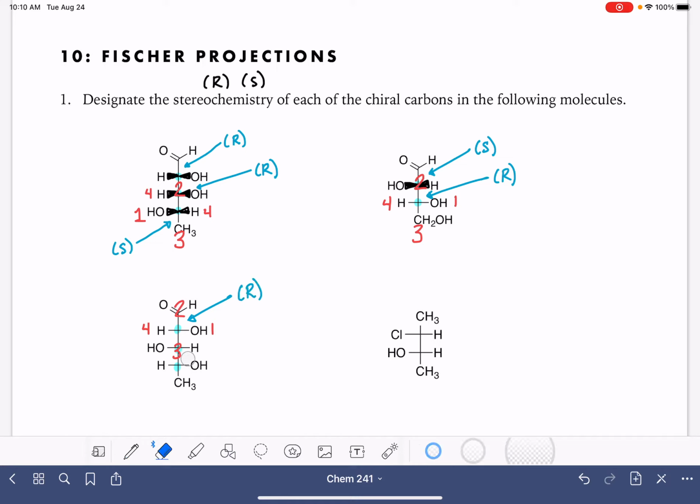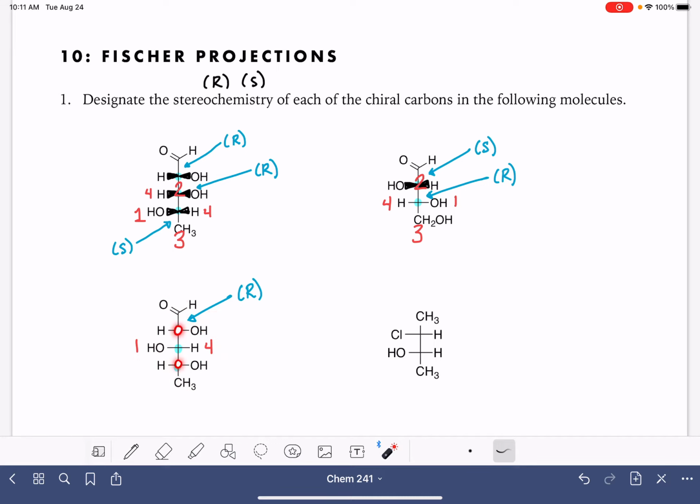And let's get those numbers out of the way for the next one. Chiral carbon number 2, we have a hydrogen and we have an oxygen. We have a carbon versus a carbon. On the top, that carbon is bonded to a hydrogen, another carbon, and an oxygen. Down on the bottom, we're bonded to a hydrogen, a carbon, and an oxygen. That is another tie, so we have to look further out.